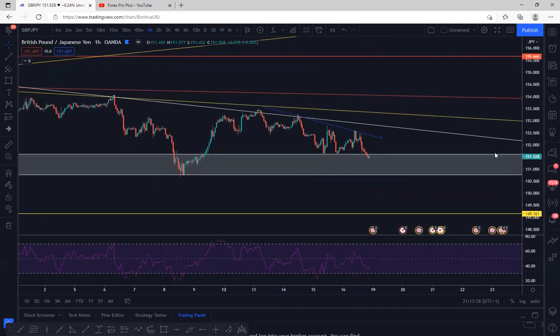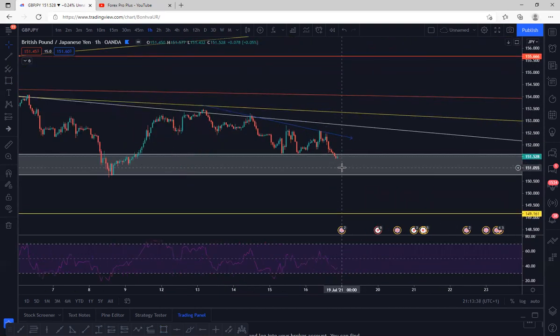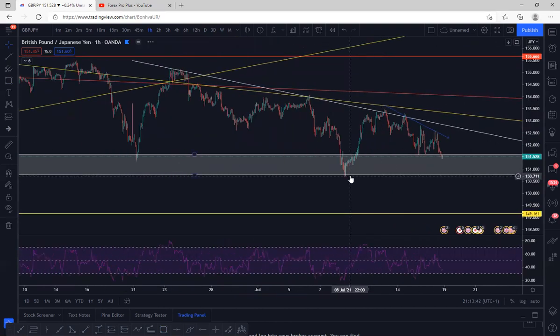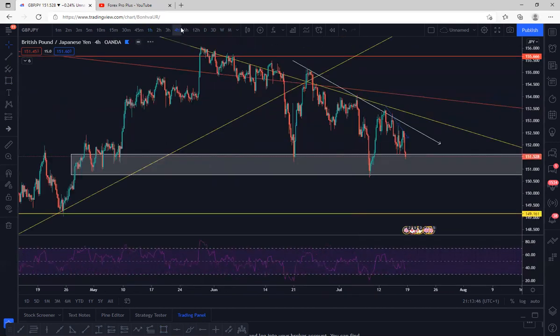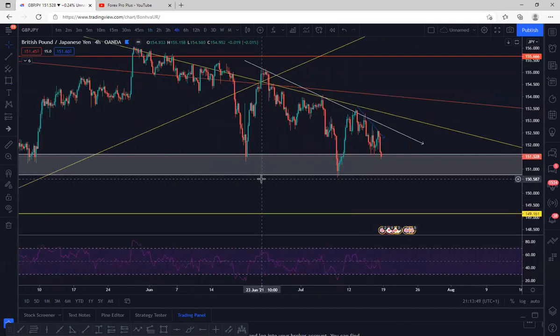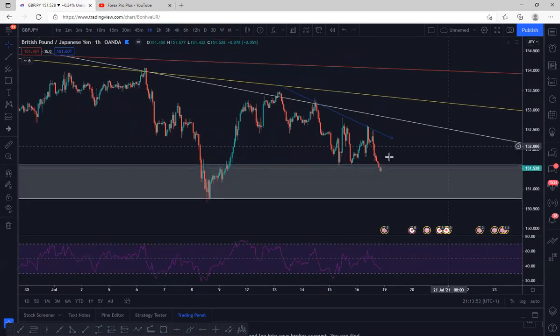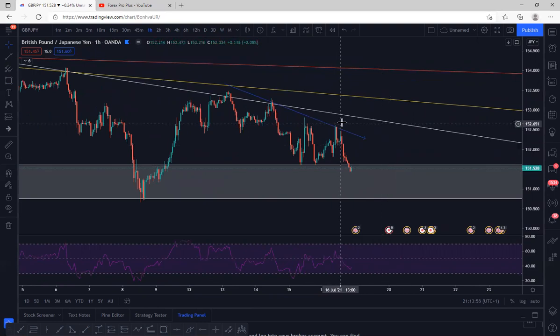So we're going back to 4 hours. We can take our entry. We could have taken our entry here, but now in 1 hour it's retesting this level.